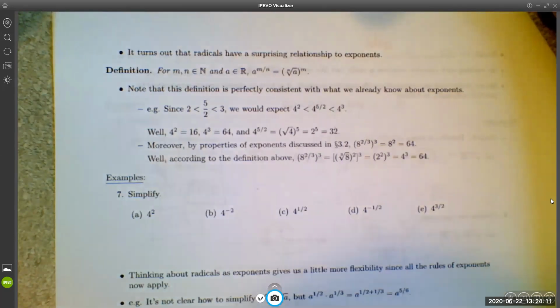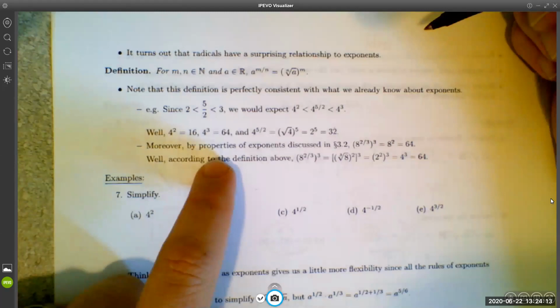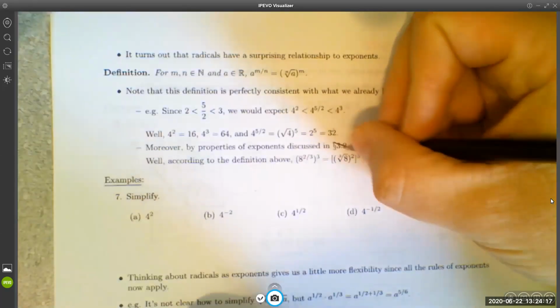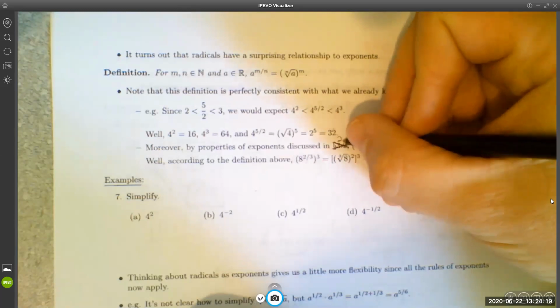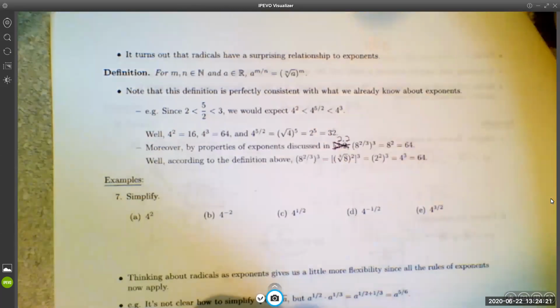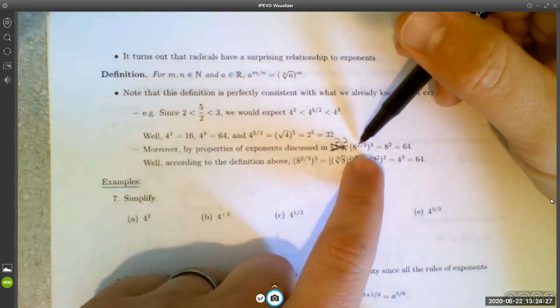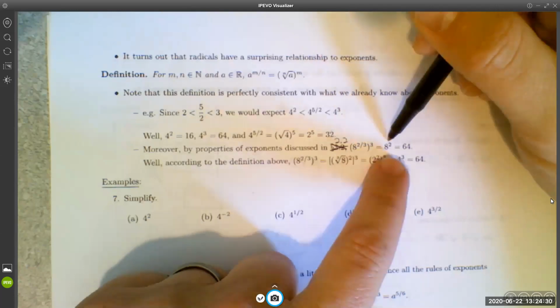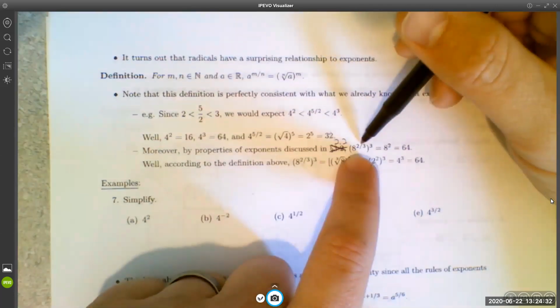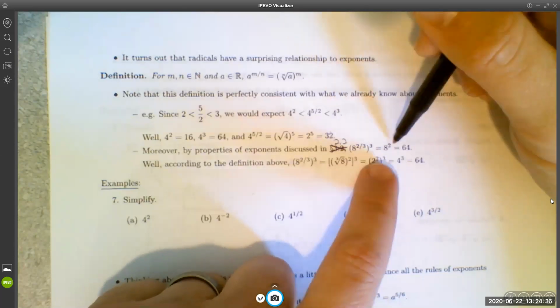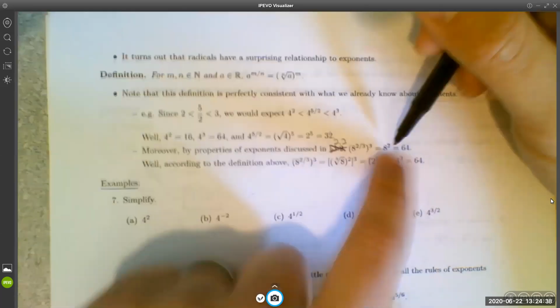Maybe even more convincing is this. By the properties of exponents discussed in 2.2, it should be the case that 8 to the 2/3 cubed is the same thing as 8 squared, right? Since you can just multiply these two exponents. 2/3 times 3 is 2, which is 8 squared is 64, right?